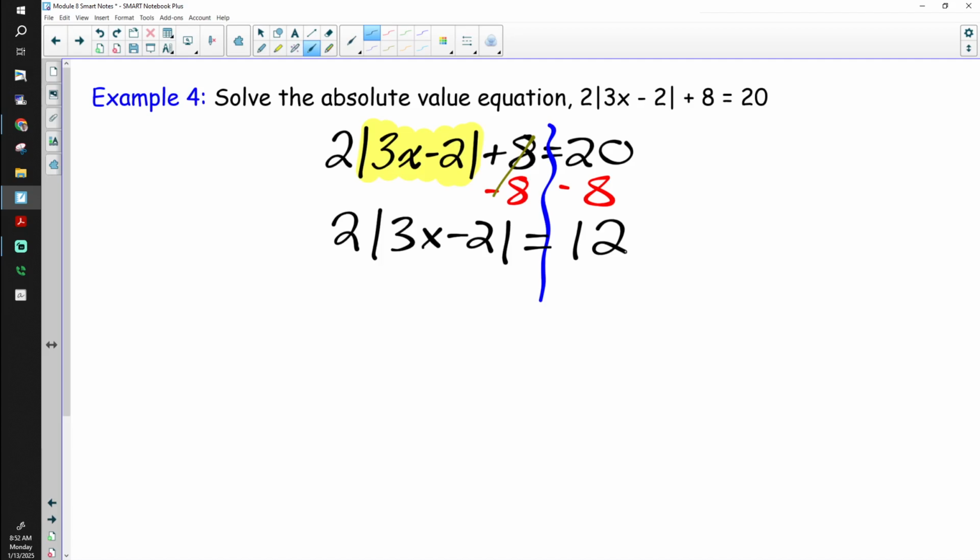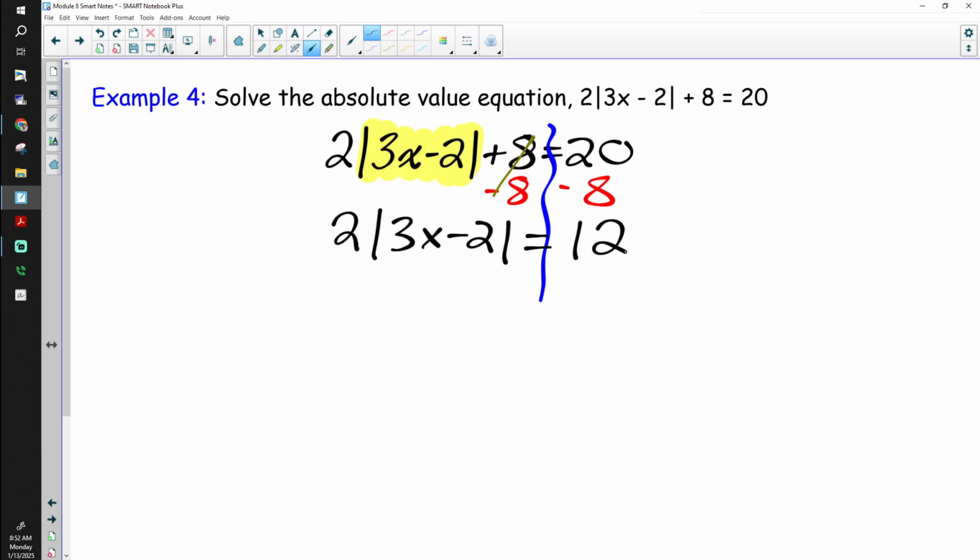This would be read 2 times the absolute value of 3x minus 2, or I could say 2 multiplied by 3x minus 2. Or I could say the absolute value of 3x minus 2 times 2. They're being multiplied.